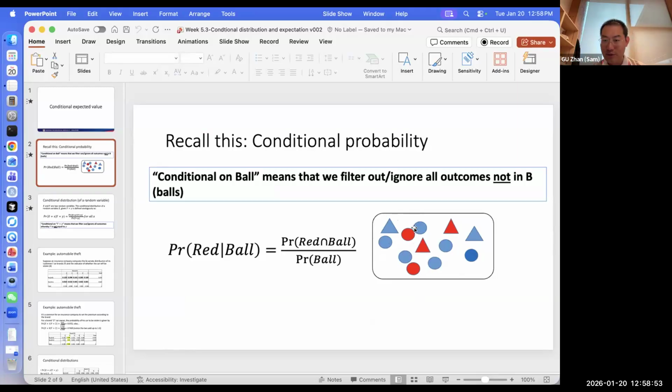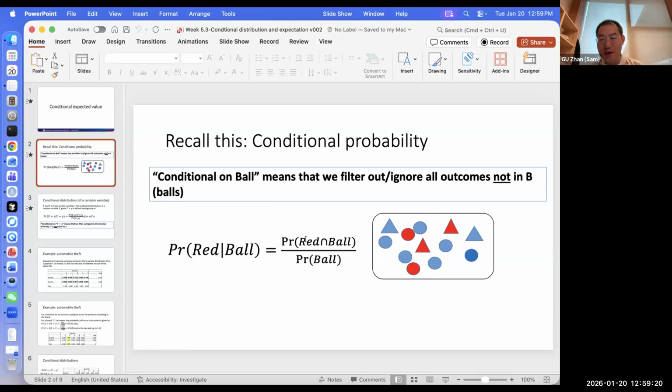Out of these 8 balls, how many are red? 2. So 2 divided by 8, we will have 1 over 4. Then this formula tells you we can calculate using the formula.